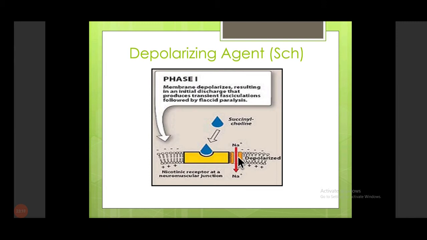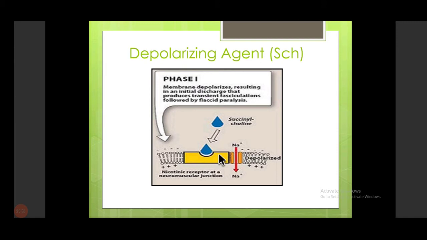So now what happens is the receptor sites recognize succinylcholine. In the previous example of non-depolarizing blockers, the shape remains similar, but the receptor would not recognize D-tubocurarine.